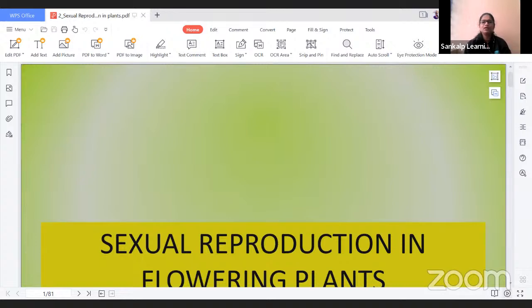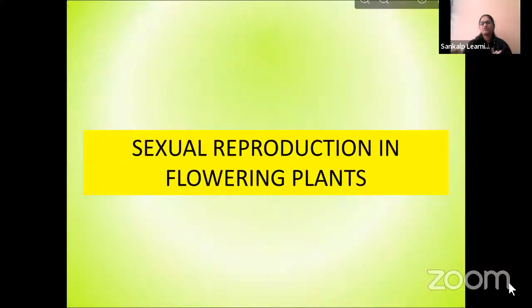Let us proceed. Sexual reproduction in flowering plants. In this, for competitive exams, we are going to deal with important sub concepts. Here we have to concentrate on the male gametophyte, the sporogenesis process, and then the male gametophyte, what about the cells and all. Then we have to concentrate on the female gametophyte.